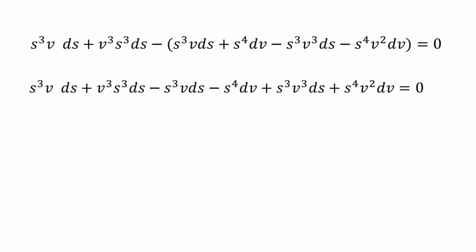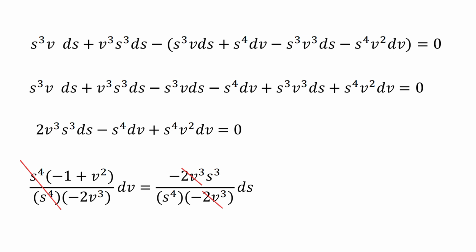Now we have 2v cubed s cubed ds minus s raised to 4 dv plus s raised to 4 v squared dv is equal to 0. Next, we are going to add both sides by negative 2v cubed s cubed, and again multiply both sides by 1 over s raised to 4 and negative 2v cubed.